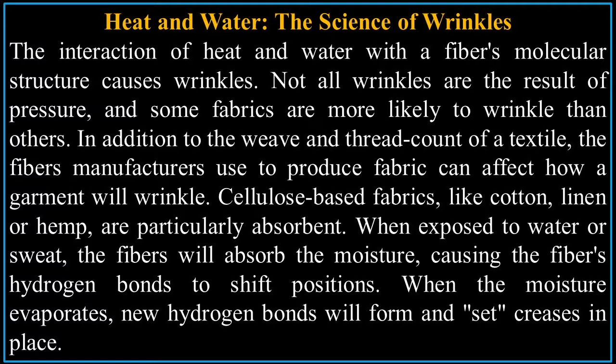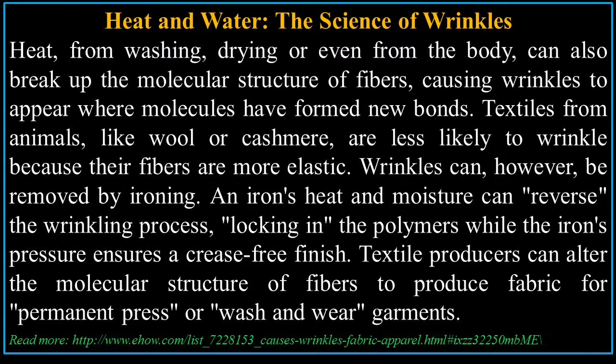When the moisture evaporates, new hydrogen bonds will form and set creases in place. So blame the water next time you're criticized for wrinkly clothes. Heat from washing, drying, or even from the body can also break up the molecular structure of fibers, causing wrinkles to appear where molecules have formed new bonds.